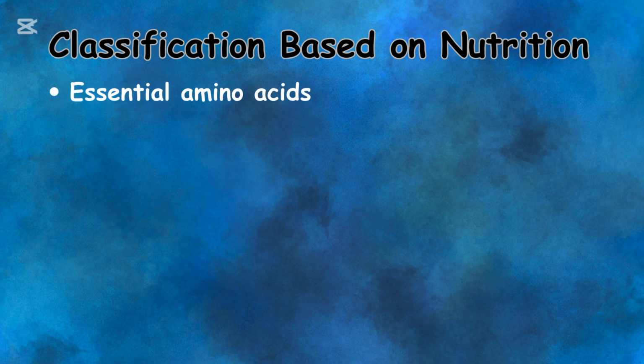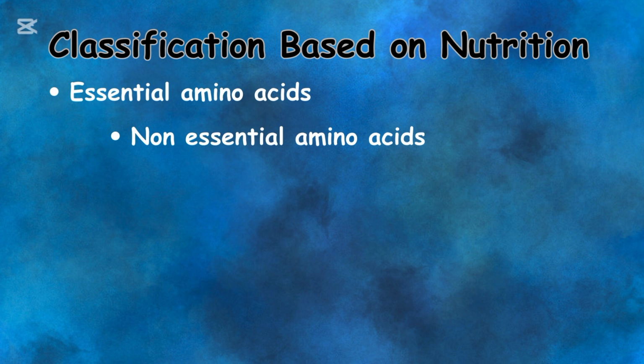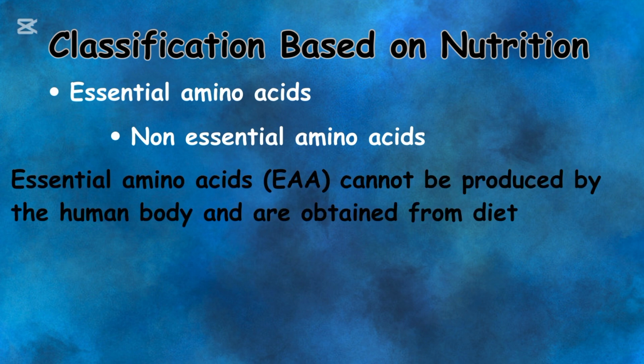Amino acids are also classified based on nutrition, and these include the essential amino acids and the non-essential amino acids. The essential amino acids cannot be produced by the human body and are obtained through the diet. There are 9 essential amino acids.